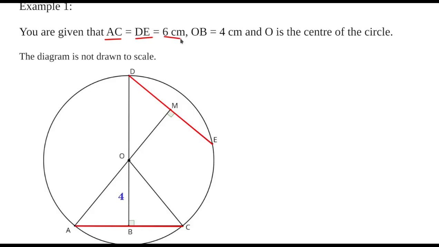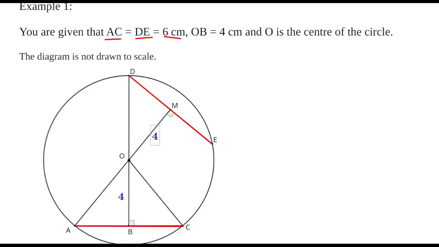Now we have established from our second property that if two chords are equal and they are in the same circle, they are going to be equidistant from the center. So if OB is the distance of chord AC from the center, then OM is also that distance, so they must be the same. So OM is actually 4 because these two chords are equal and they are in the same circle, so they must be equidistant from the center.